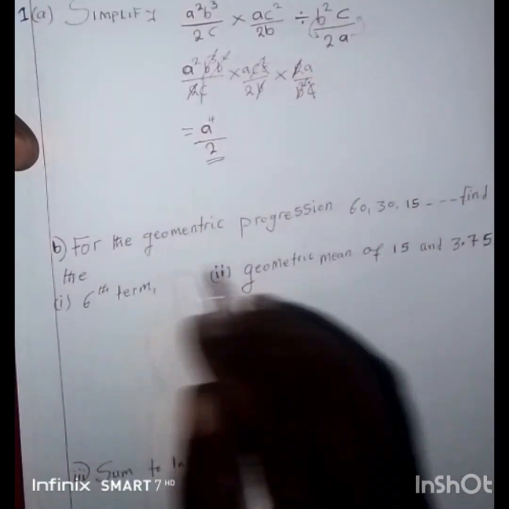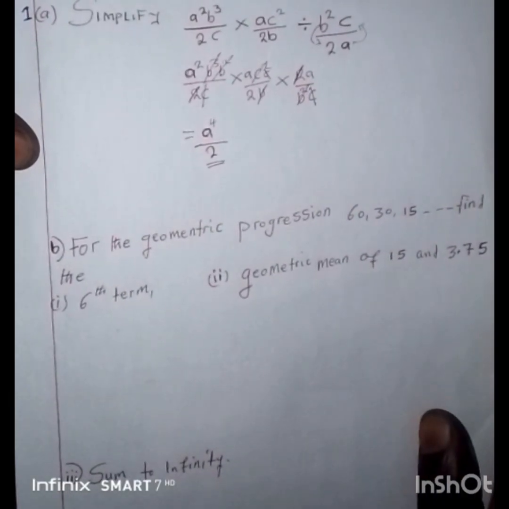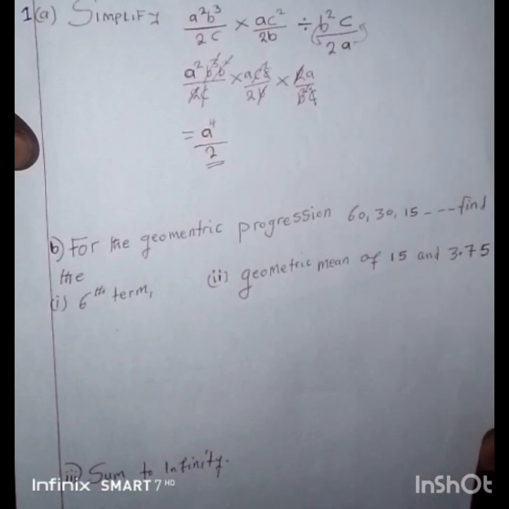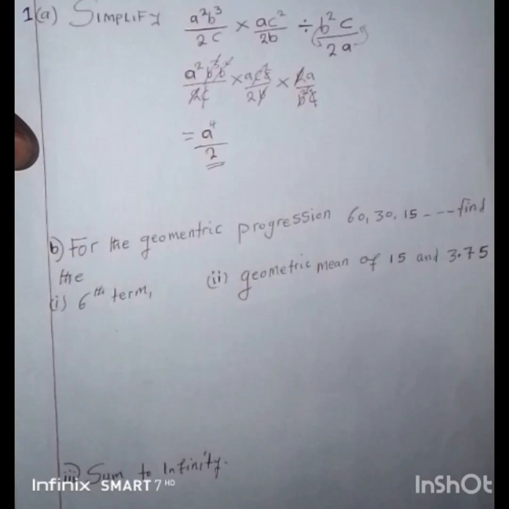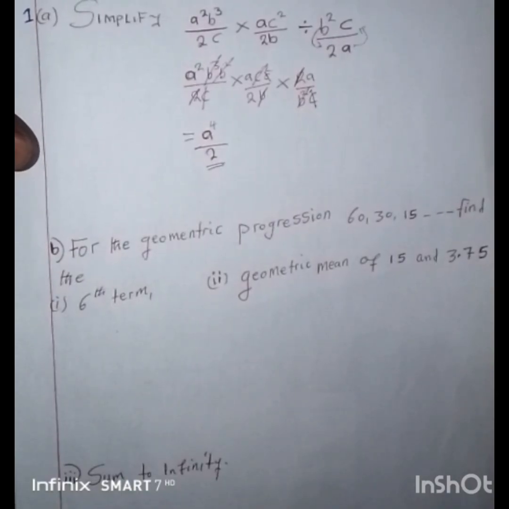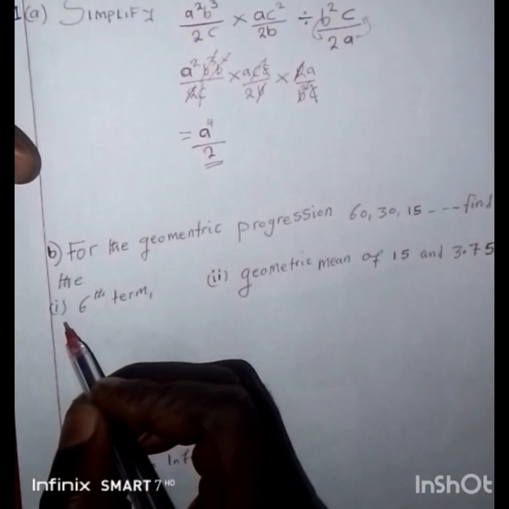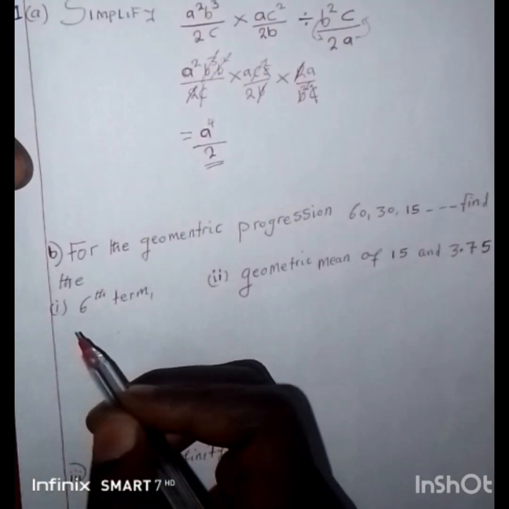Right, so when you are doing geometric progression, you have to know the formula on how to find the nth term. You have to know also the formula on how to find the common ratio, and also how to find the geometric mean as well as the sum to infinity. So let us look at the first question, the 6th term.